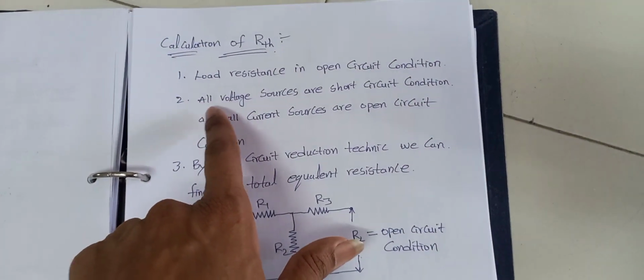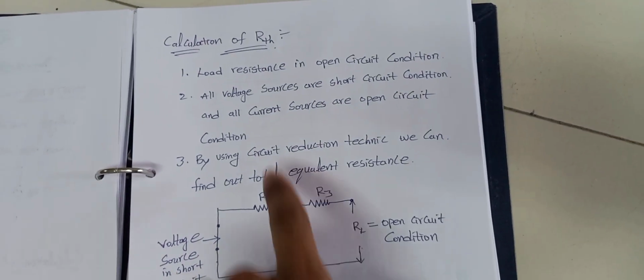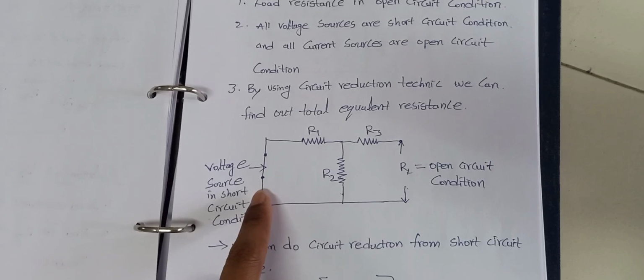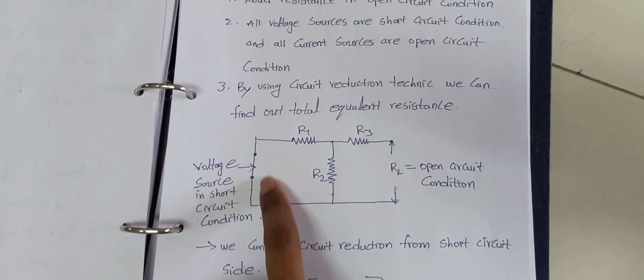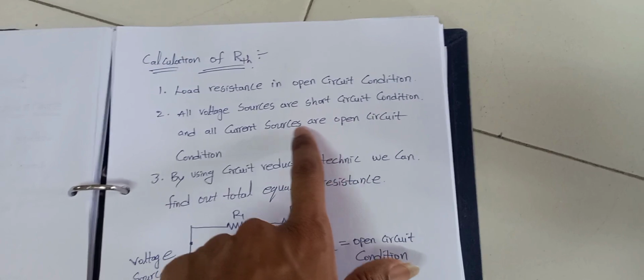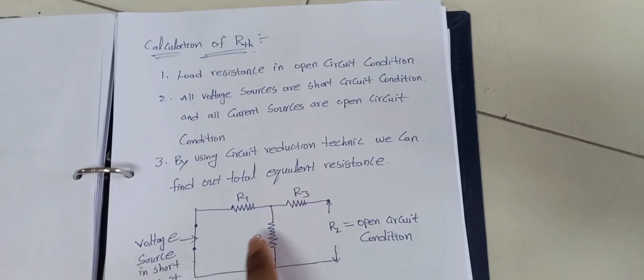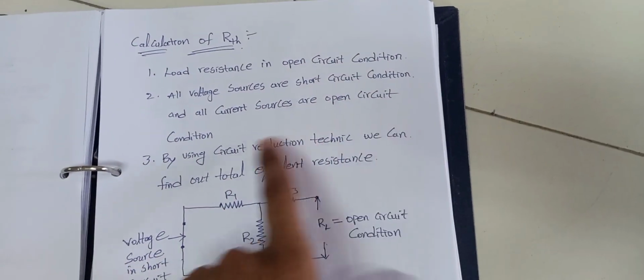The second condition: if any voltage sources are in your circuit, you have to keep those voltage sources in short circuit condition. That's why I have kept the source voltage in short circuit. And if any current sources are given in the question, you have to keep them in open circuit condition.